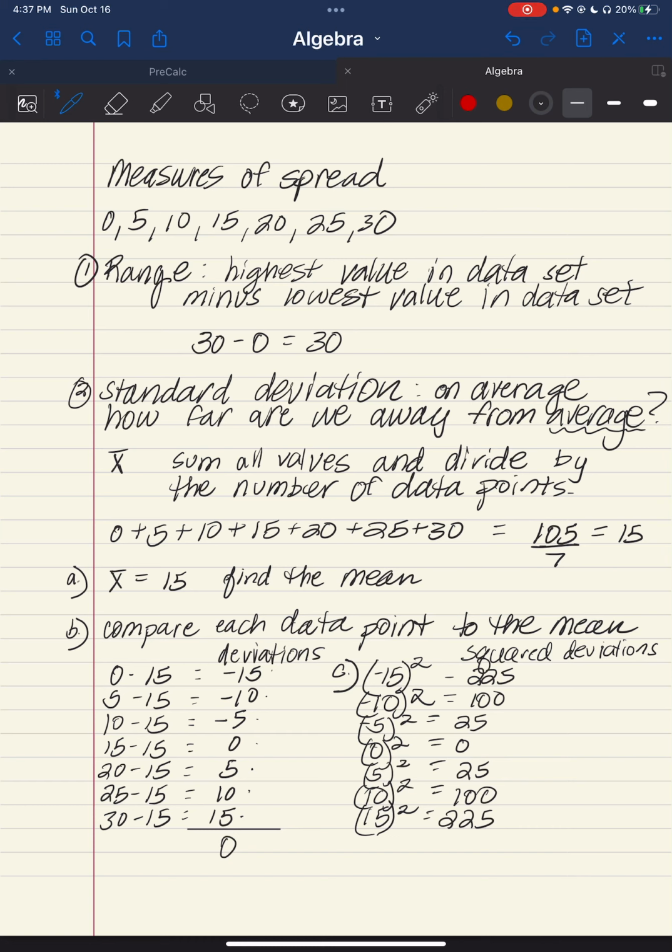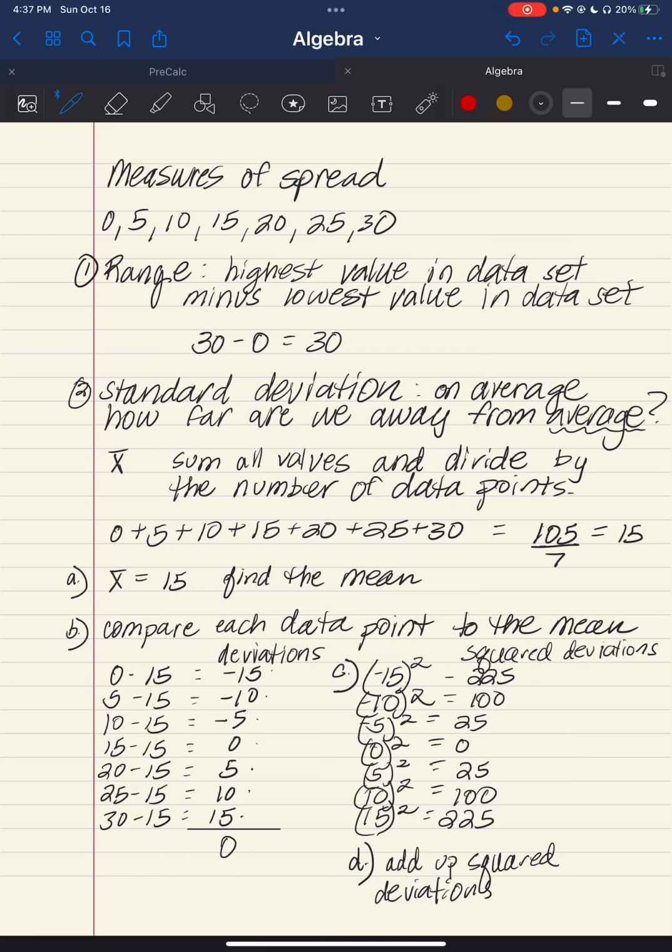And now something beautiful is going to happen. This is kind of step D. We're going to add up all of these values, add up our squared deviations. Because remember, we're shooting to get the average. So the average is always add them up, divide by how many there are.